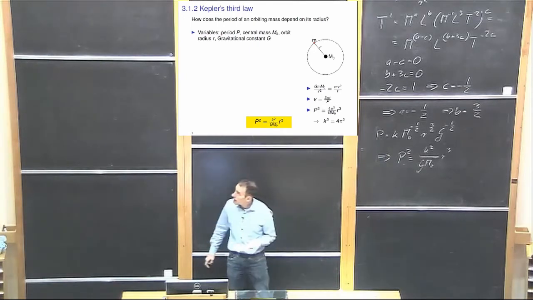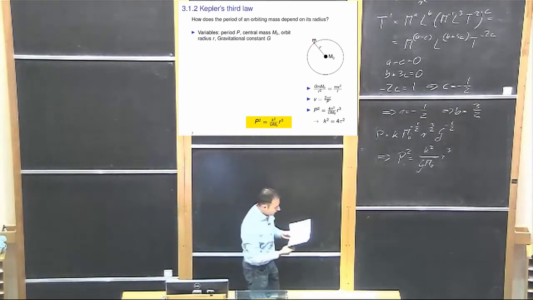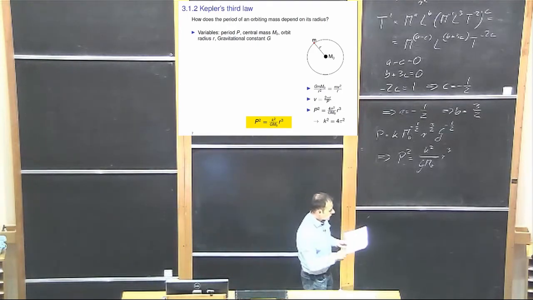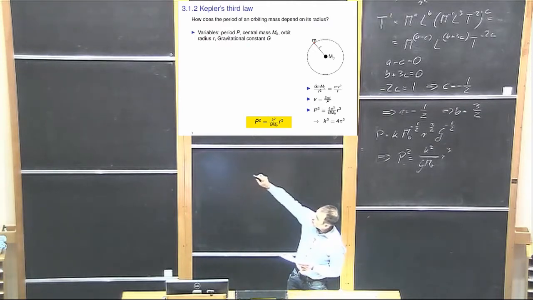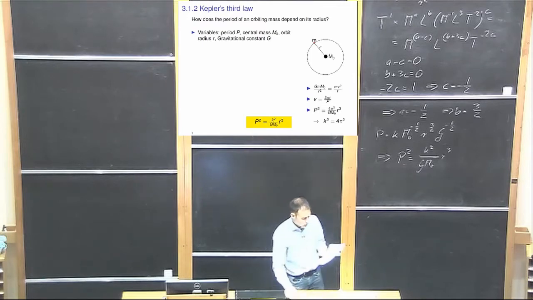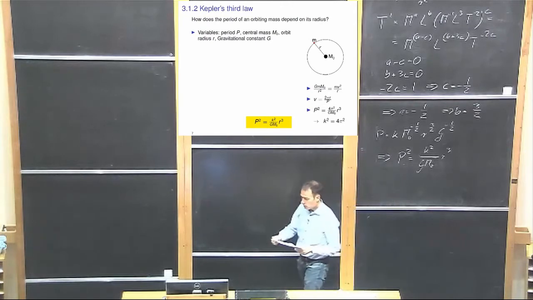On the right-hand side is described how you would get it applying Newton's laws, where you equate the two forces, the centripetal force on the right-hand side and the gravitational force on the left-hand side. The velocity is, and the period, 2 pi r is the circumference. So you've got the dimension length divided by the dimensions of time. Velocity, you plug that in, and with that you can basically work out that k squared equals 4 pi squared. And with that, you have Kepler's third law.